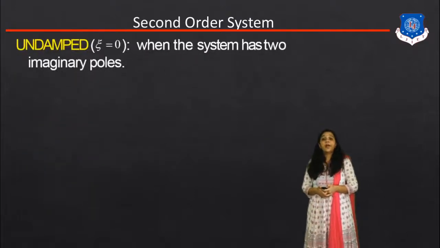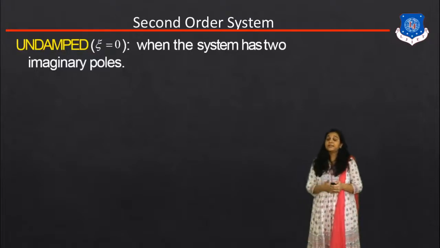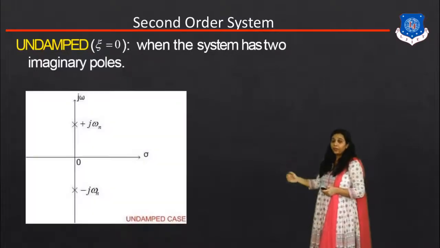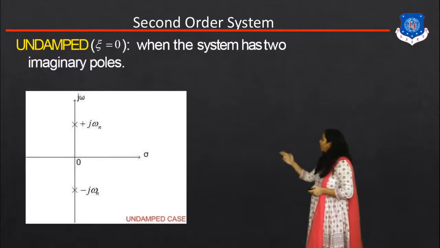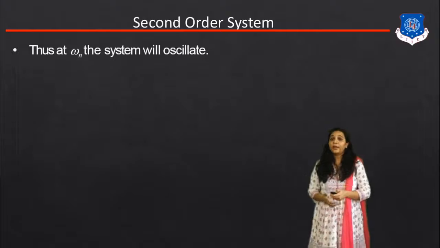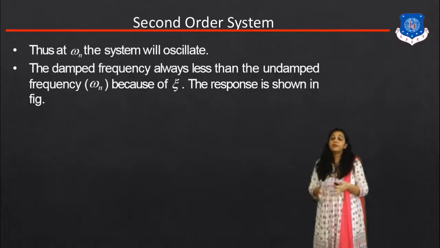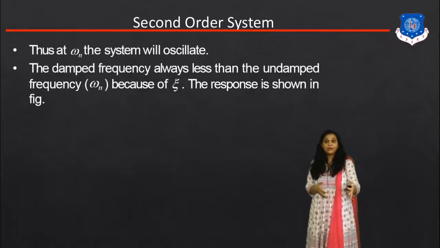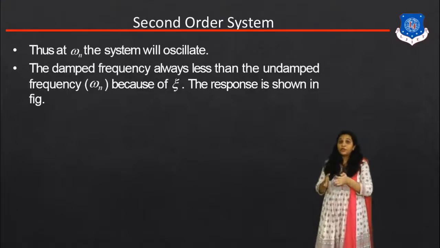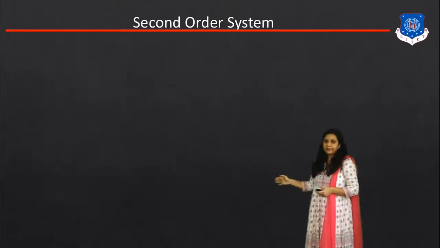The third one is undamped, when zeta is exactly 0 and the system has two imaginary poles. That means we get two poles on the imaginary axis, and the system oscillates with omega n. The damped frequency will always be less than the undamped frequency because of the value of zeta. The response will be like this.